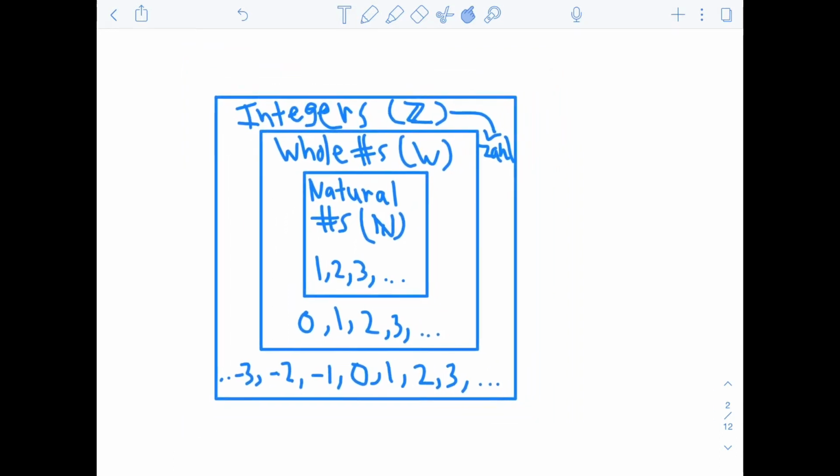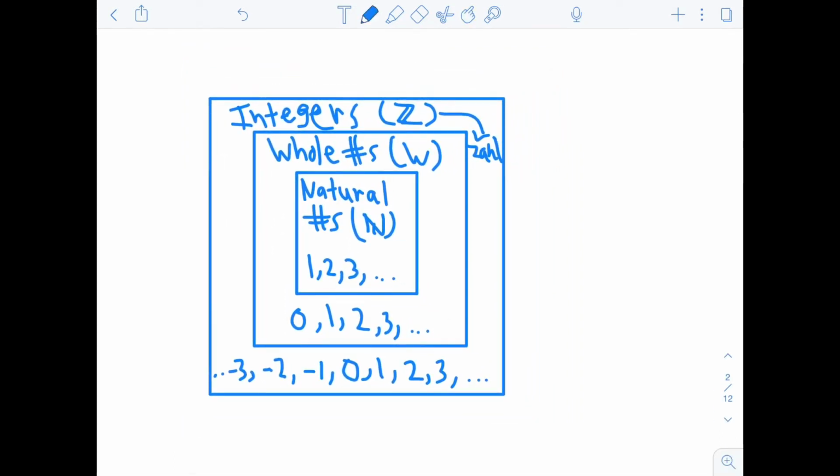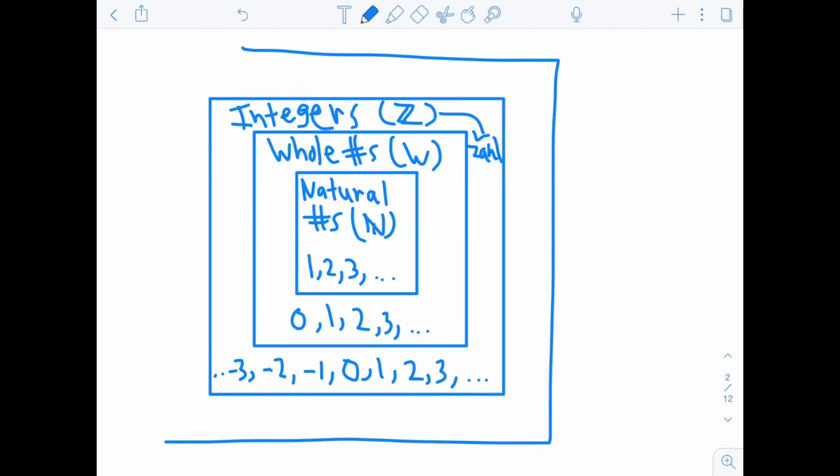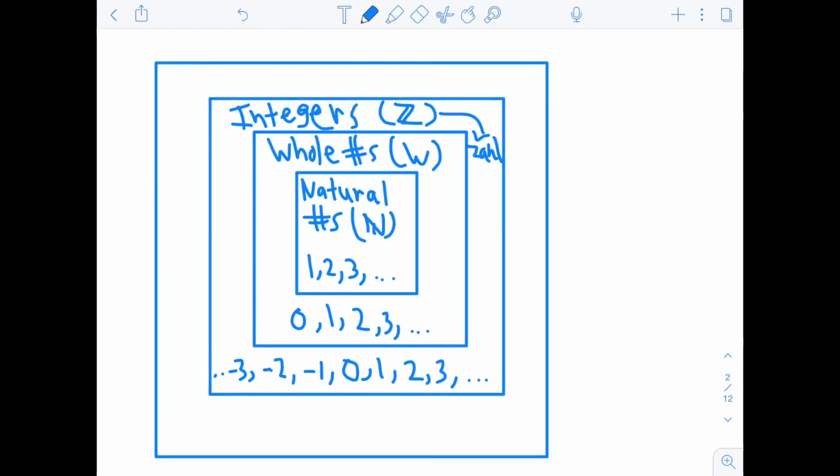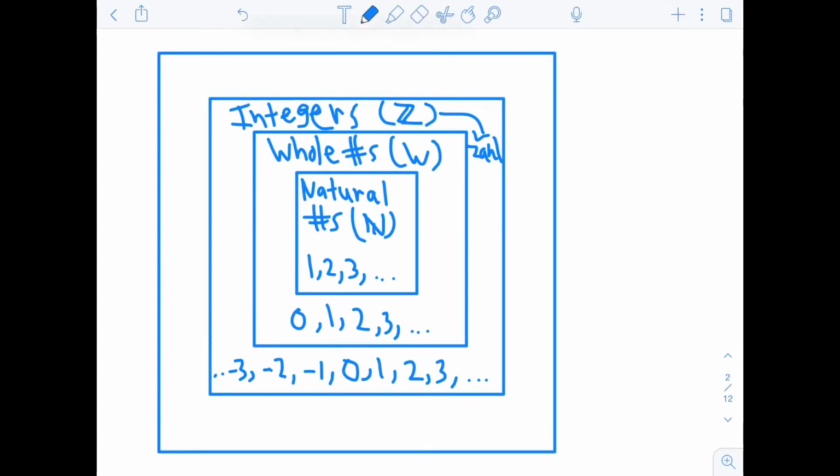So even more beyond that are the rational numbers. So in the word rational, you see ratio in there. So ratio is a comparison of two numbers by division. So it takes the form of a over b.